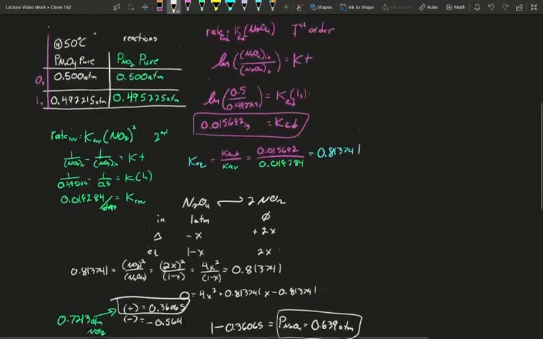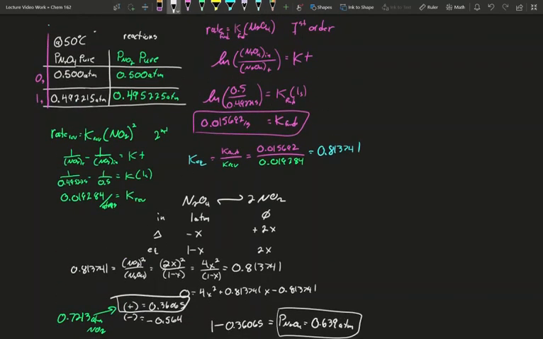Why does this work? Well, it really comes down to this relation right here. Why do you reach equilibrium? It's because your rates in either direction are the same. When your forward reaction and your reverse reaction are occurring at the same speed, that is when you are at equilibrium.